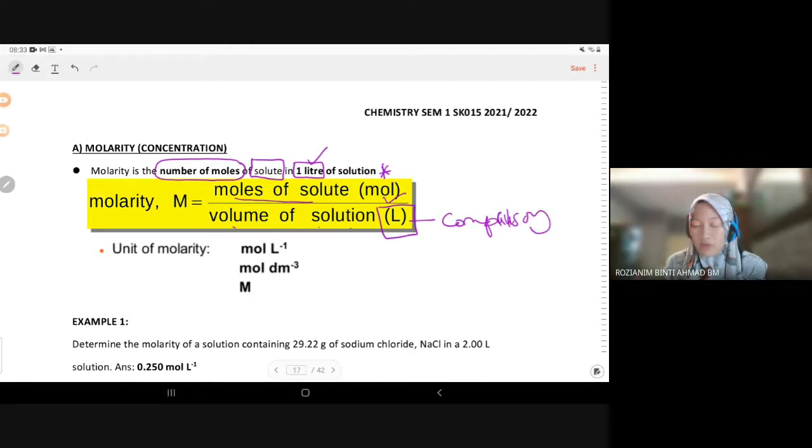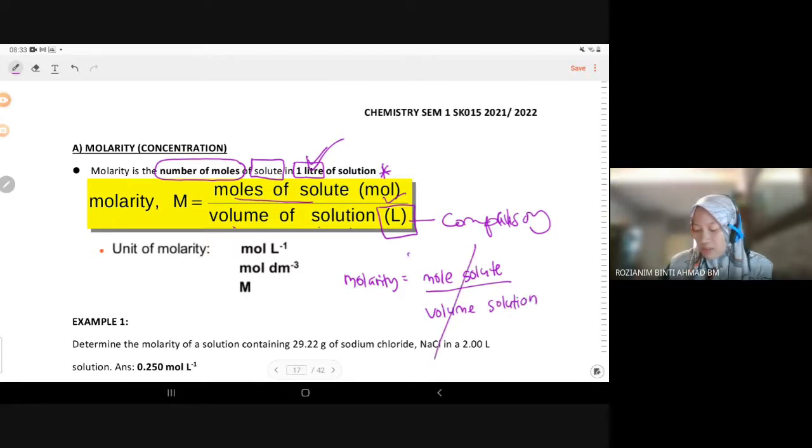Okay, maksudnya wajib. Kalau you tak tulis label liter, formula kamu kosong. Sebab dalam definition dia dah kata 1 liter solution. Contoh, you buat macam ni je. Molarity equal to mole solute over volume solution. Kosong markah.